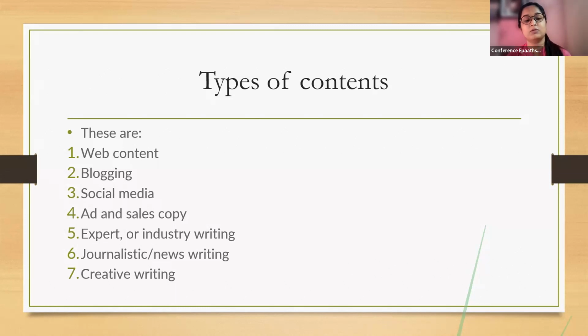Maybe some of you are aware of it. Maybe some of you are writing content; you know better. So number 1 is web content, number 2 blogging, number 3 social media, number 4 ad and sales copy, number 5 expert or industry writing, number 6 journalistic or news writing, number 7 is creative writing.